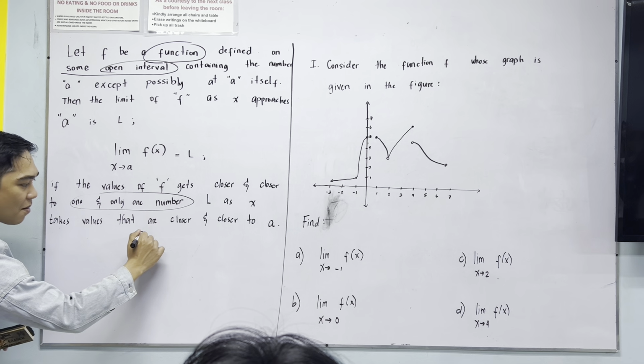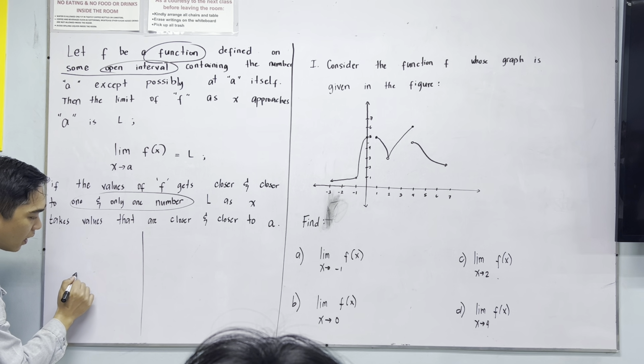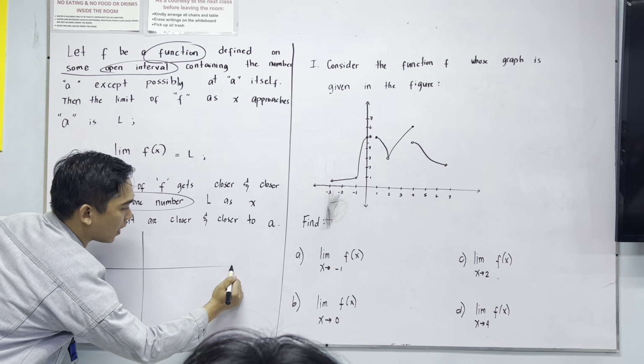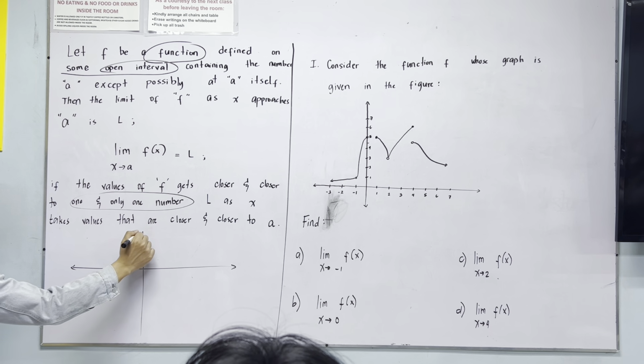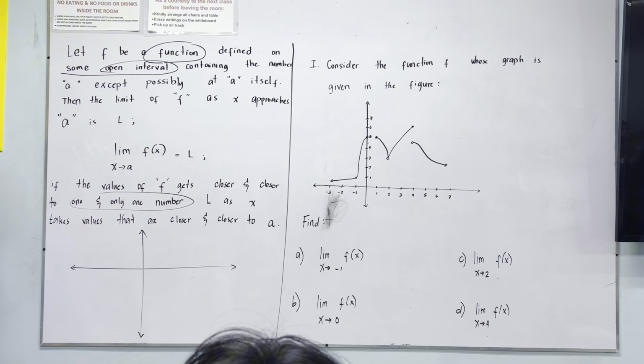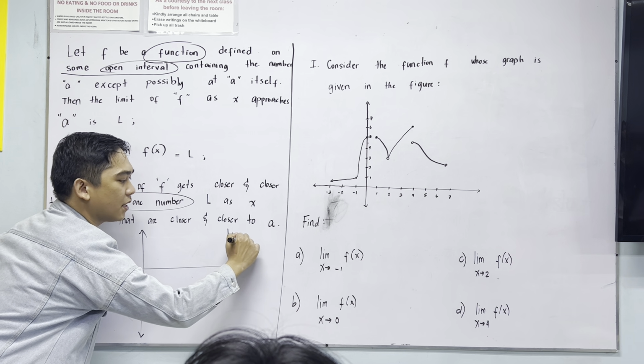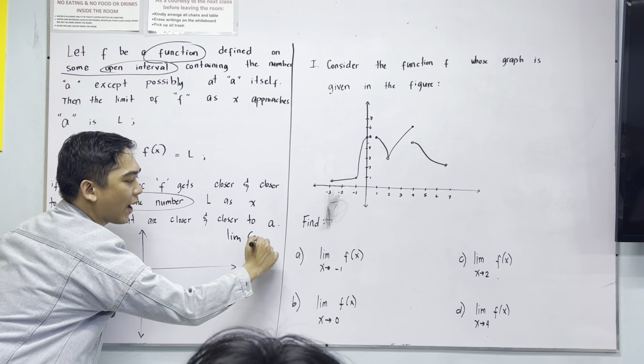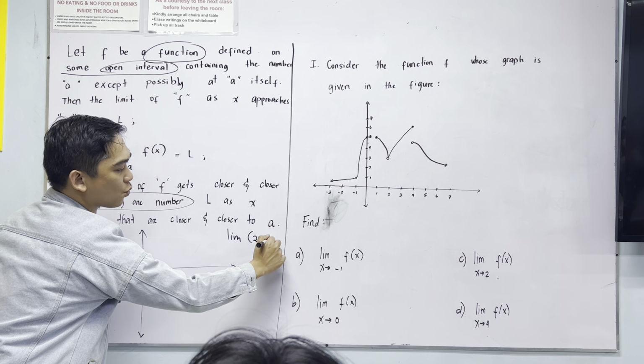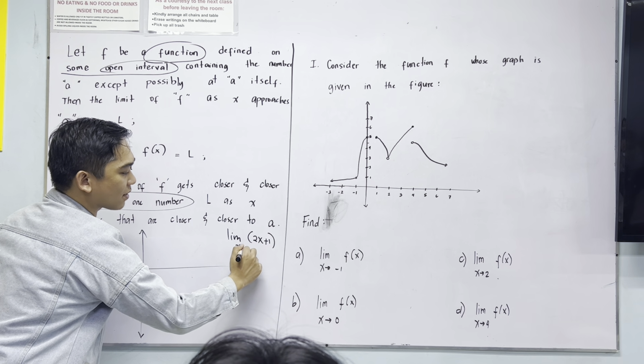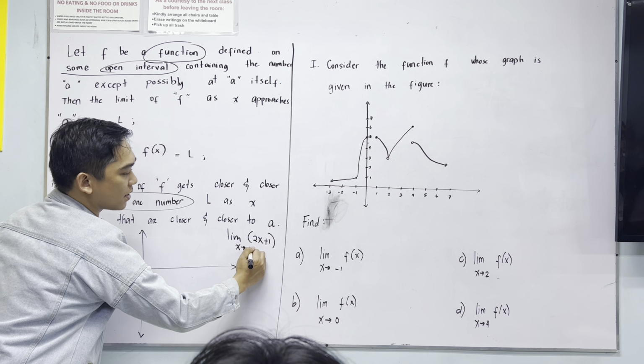Let me give you an example. Let's say we have the limit of 2x plus 1 as x approaches 0.